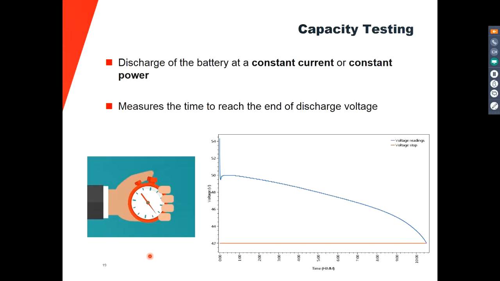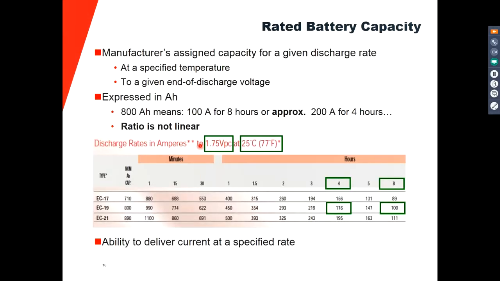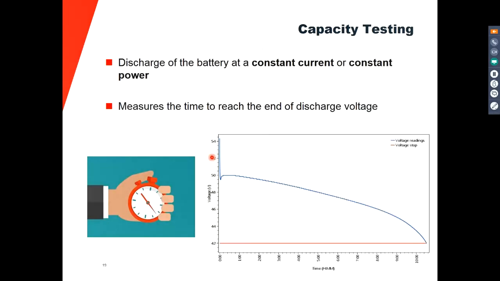But the idea is that if you're running the test to determine the capacity value of the battery, it has to be performed at a constant current or constant power. And you need to measure the time that the voltage takes to reach the end of discharge voltage that we mentioned previously, so these 1.75 volts per cell times the amount of cells.